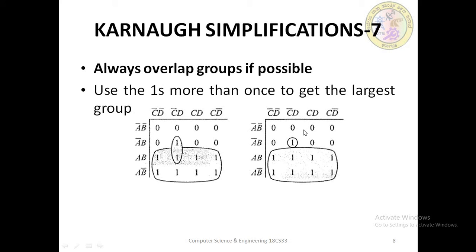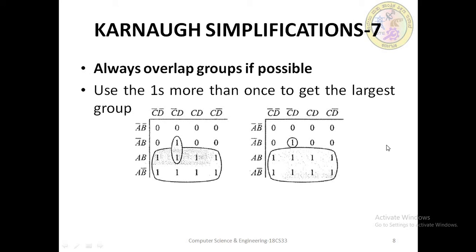Instead of grouping a one as an individual element, you have a possibility of grouping two, right? You should be considering this one as a two. So that's why you use a one more than once to get the largest group. If you group it as a single here, what happens? You need to write 4 terms here. Instead of that, if you create a pair, it will have 3 terms.